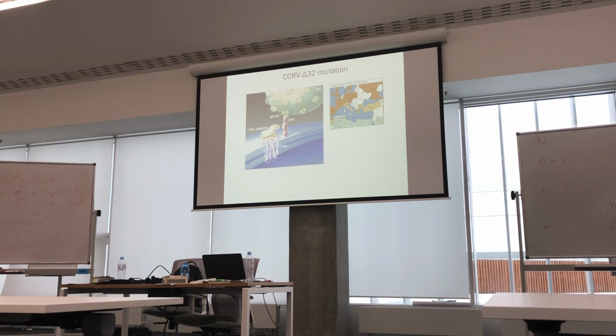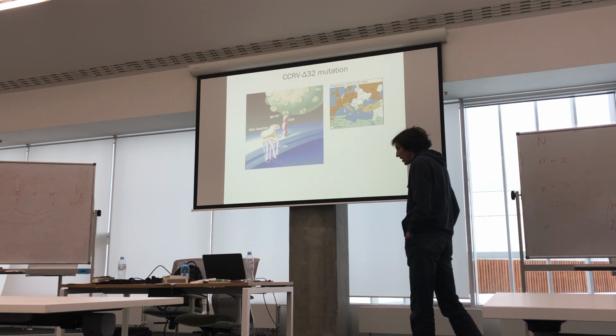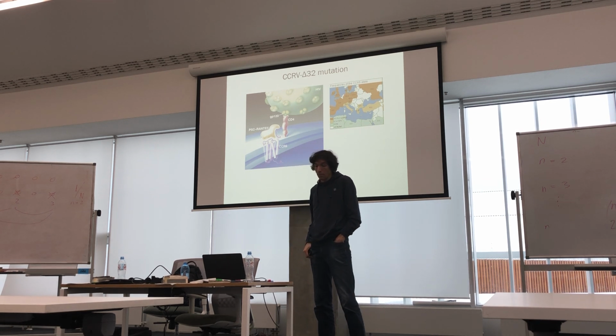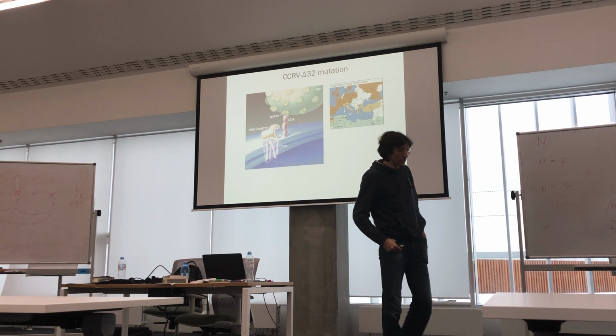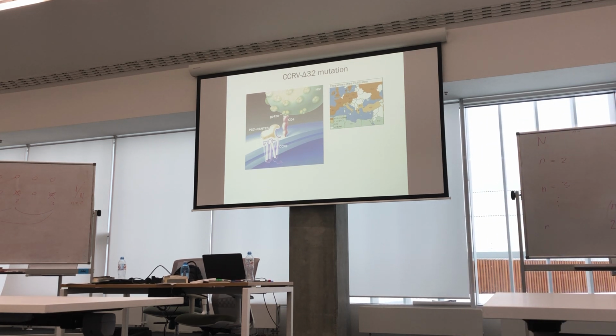Okay, you probably have heard this story before, but it has been in the news several times over this year. Some humans have inherent protection against HIV infection due to the fact that they have this delta 32 mutation in their CCR5 receptor.